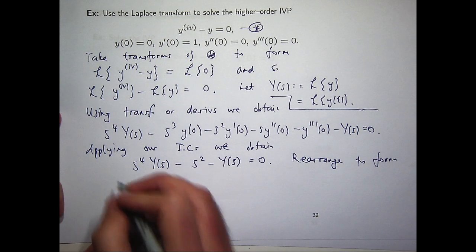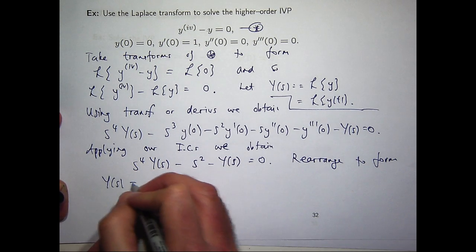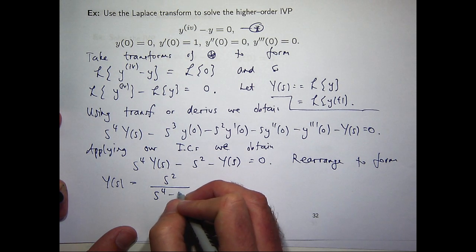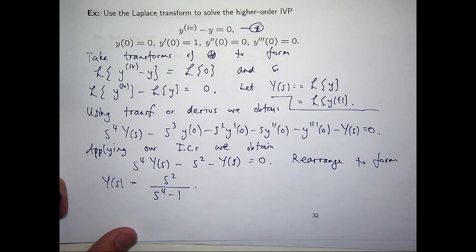So if I rearrange, I get this. So this now is a solution to our transformed state.